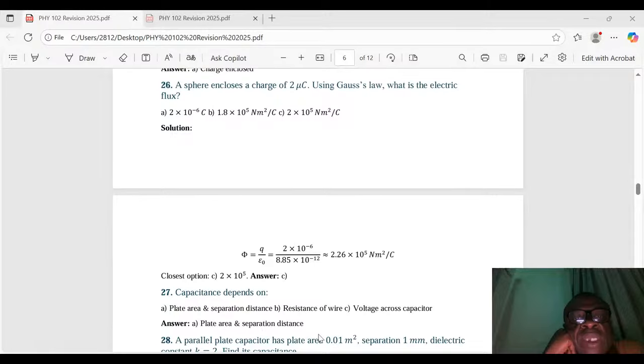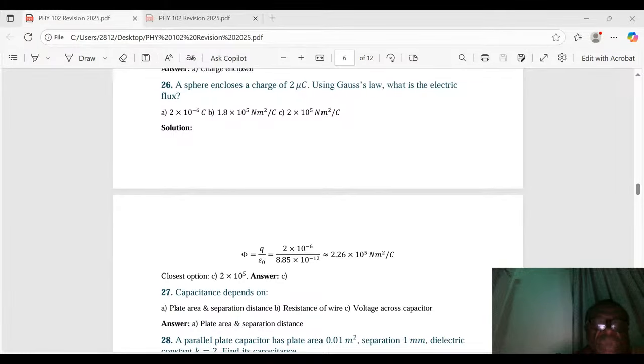Using Gauss's law, what is the electric flux? A, B, and C. So looking at the solution, phi is equal to Q over permittivity. That's the formula. Q is given, permittivity is a constant, and it will always be provided. So if you substitute that, you have 2.26 times 10 raised to the power 5. And the correct answer is C.